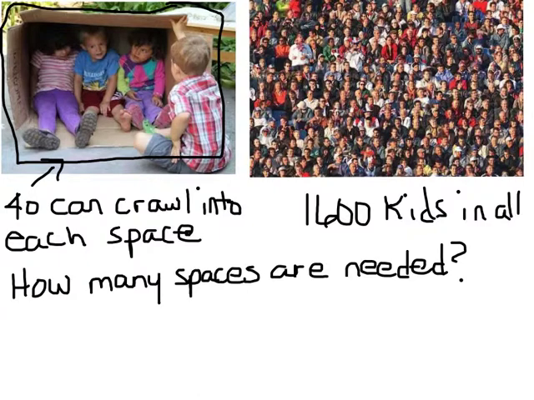Again, use your imagination. We can get 40 in each space. There are a total of 1,600 kids in all. If we can get 40 into each space, how many spaces are going to be needed?